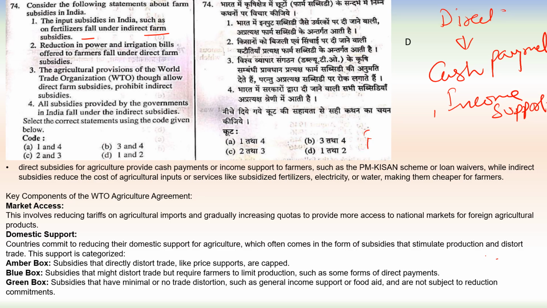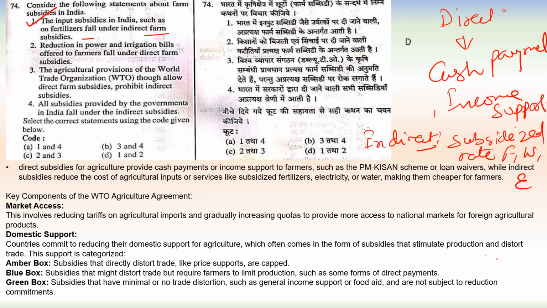Indirect is like subsidized rate for agriculture inputs like fertilizers, water, electricity. So the input subsidies in India, such as on fertilizers, fall under indirect farm subsidies.